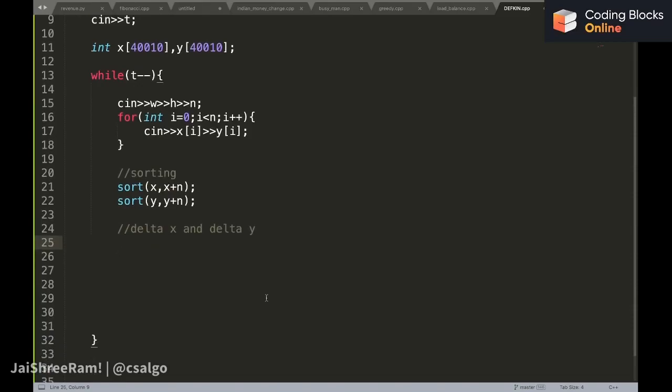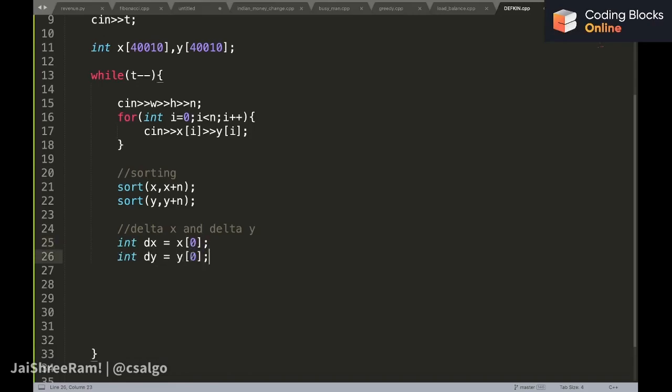Okay, so I can say the initial delta x is equal to, let's say, x of 0, and initial delta y is equal to y of 0.